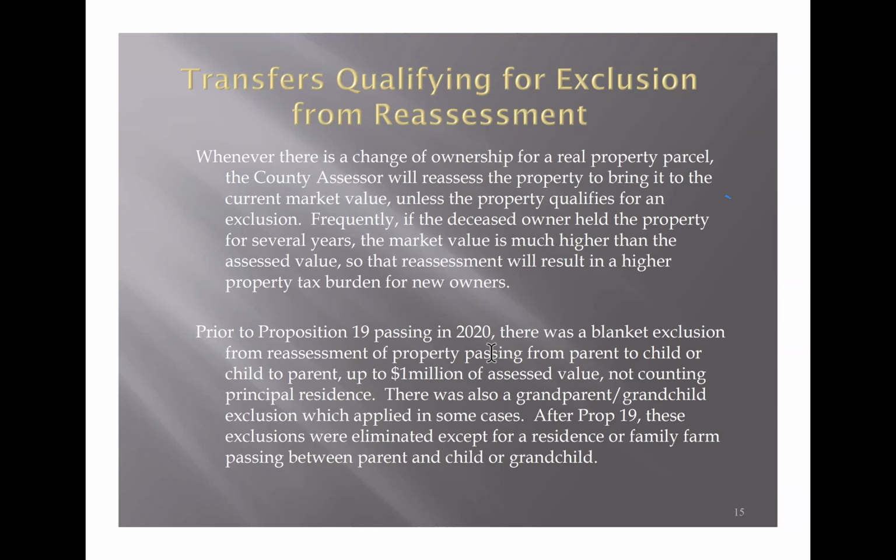Well, after Prop 19, these exclusions were eliminated, except for if a residence or family farm is passing between parent and child or qualifying grandchild, and the qualifying heir is going to live there.